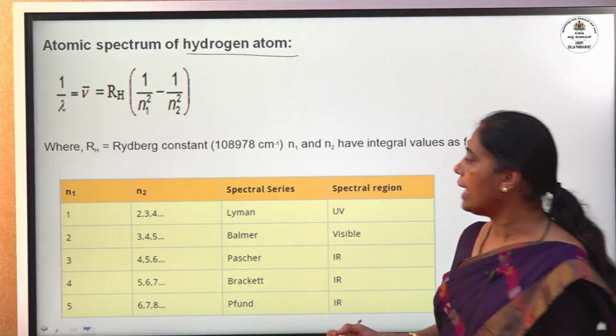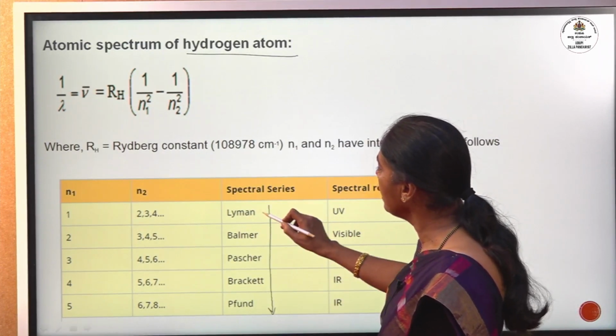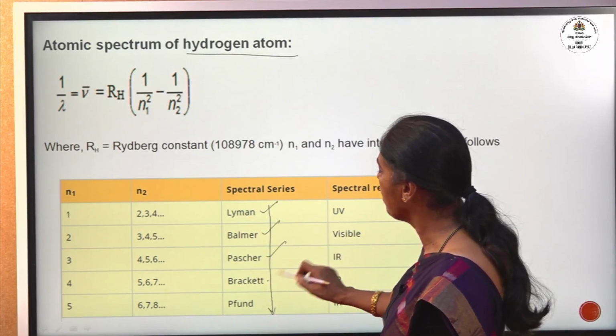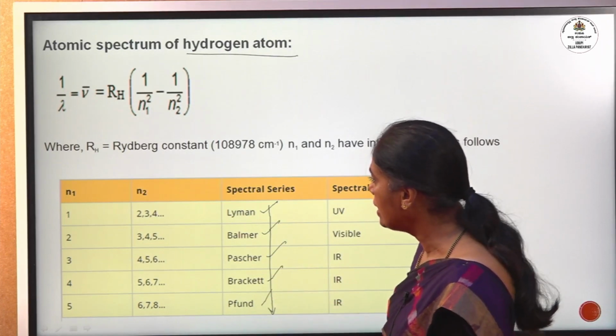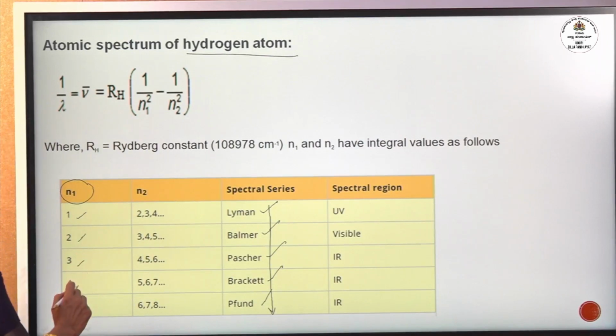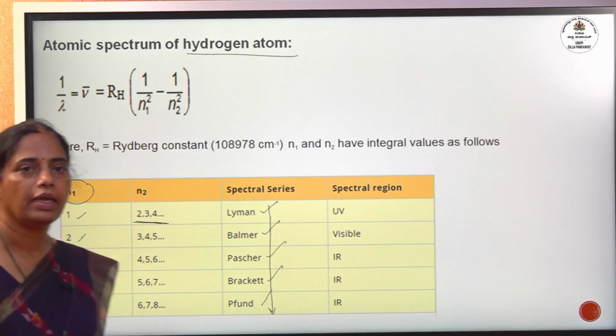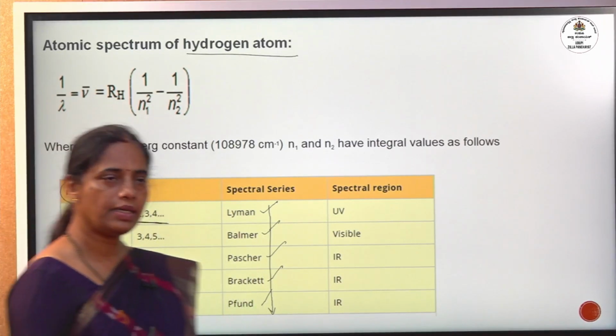These lines are classified into different spectral series and they are Lyman, Balmer, Paschen, Brackett and Pfund series, for which the value of n1 is 1, 2, 3, 4, 5 respectively, and the value of n2 is n1 plus 1, n1 plus 2, and like that it continues.